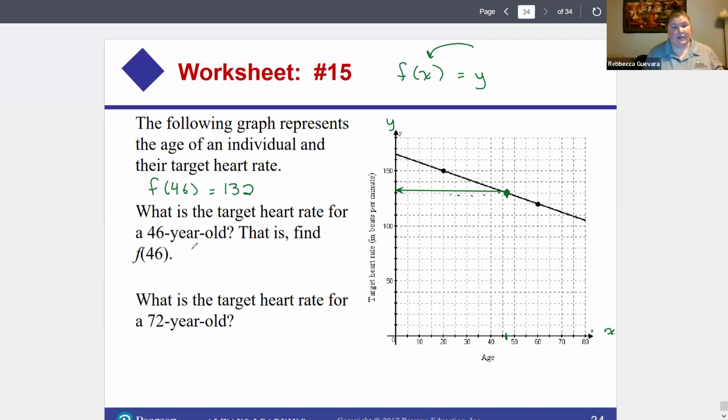This means a 46-year-old, which represents the age of an individual, this is what they should have.